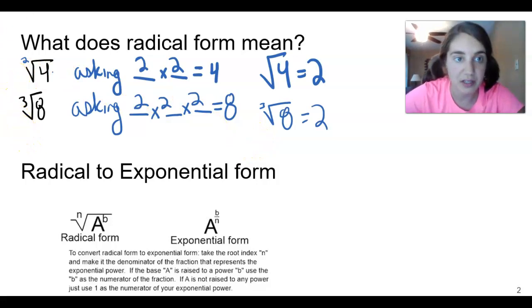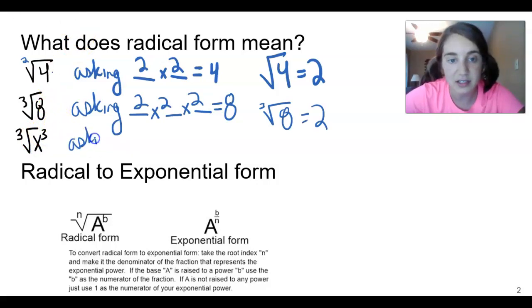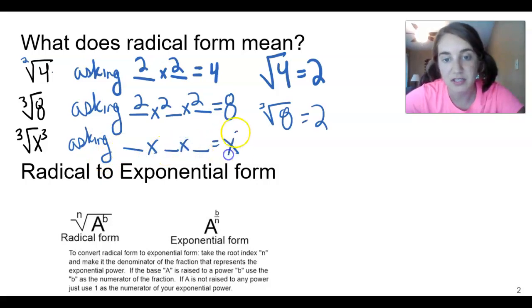So if we got something like the cube root of x to the third, that's asking what times what times what equals x to the third, and our answer there would be x times x times x.